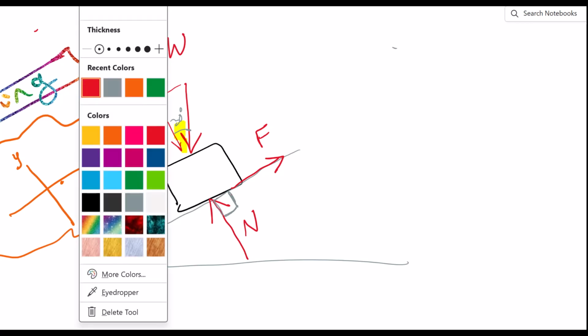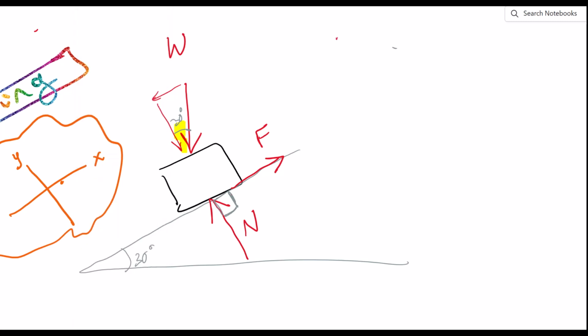And this is why we don't memorize sine as y's or x's or whatever. We just learn that sine means opposite. So opposite is W sine 30. And if I'm really awesome, I know that means 1/2 W, but I'm just not going to do that because I don't want to scare you right now. And then the cosine is the adjacent to the 30. So this is W cosine 30 degrees.